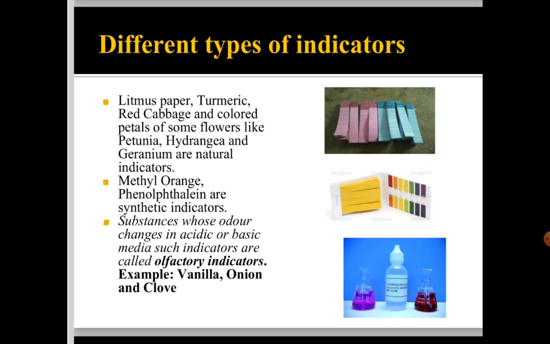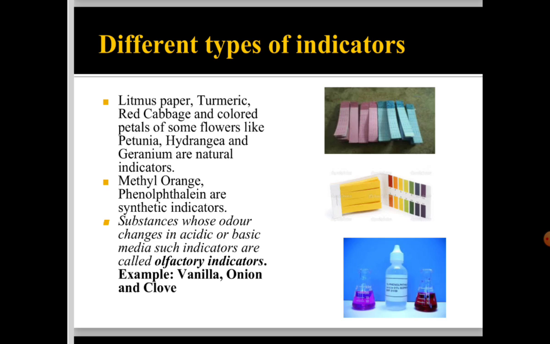Substances whose odor changes in acid or base media are called olfactory indicators. Examples: onion and clove.